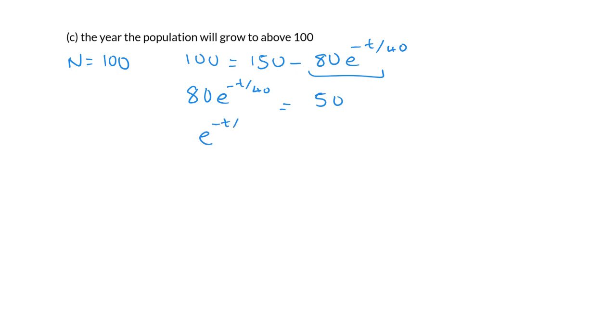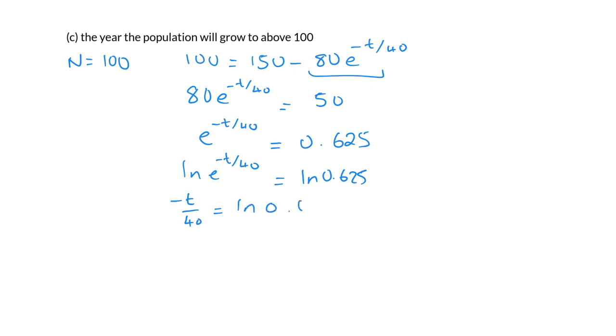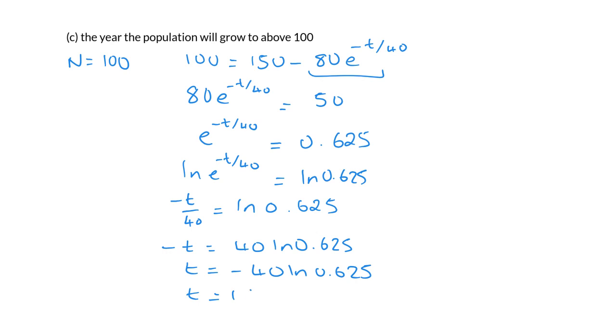Then divide across by 80 and we'll get 0.625, and now take natural logs of both sides. Bring down the minus t over 40. So minus t is 40 times ln of 0.625, so t is minus that. And we get that t is 18.8 years.